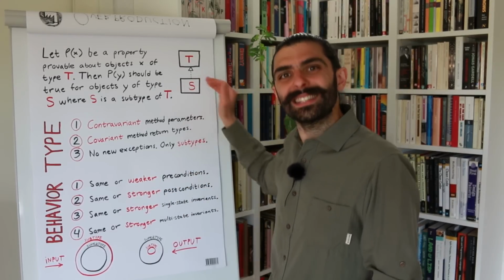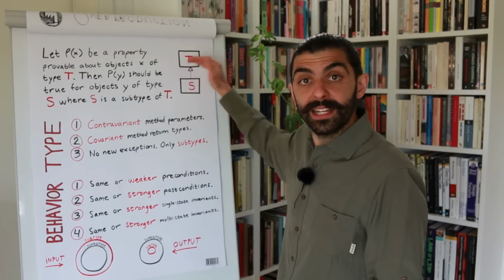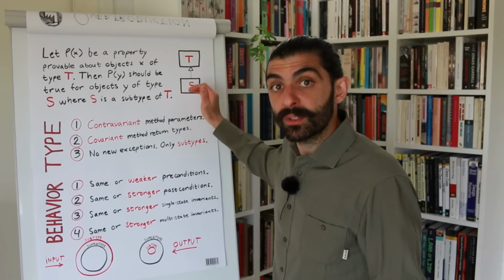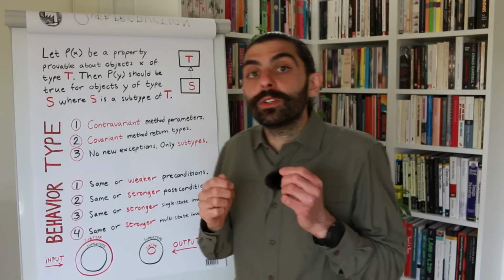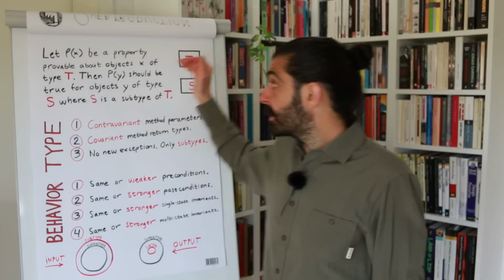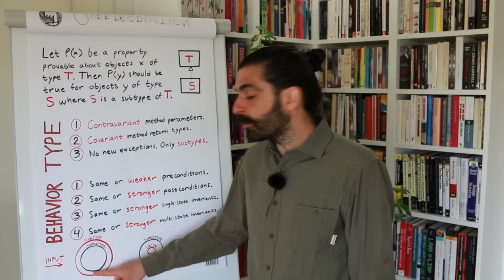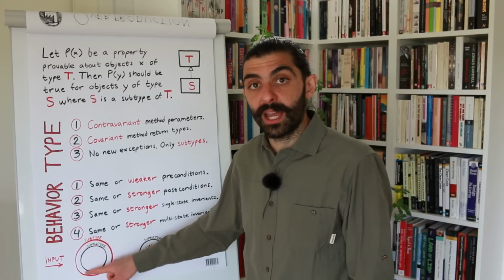And that means that if you have a type that is a subtype of another type, and this subtype has an instance method which is also defined in the supertype, then that method should be liberal in what it accepts from others. In other words, it should accept whatever the parent accepts or more. Look at this visualization. Here we are depicting the set of possible values that the supertype accepts.